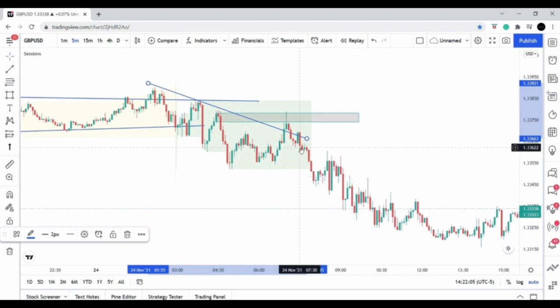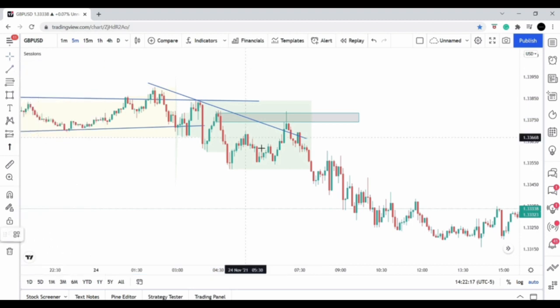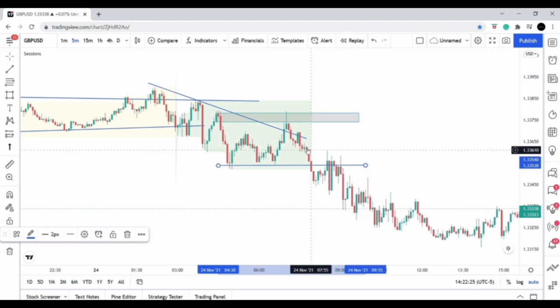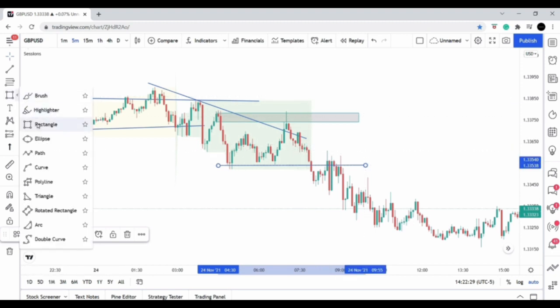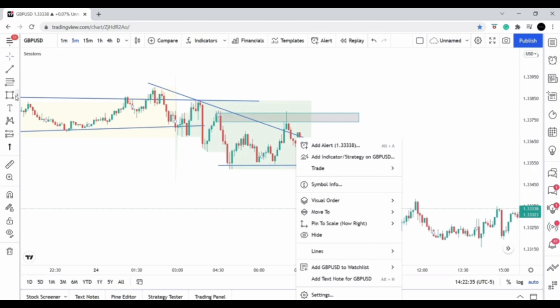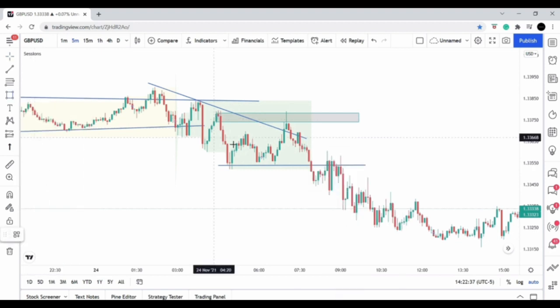Right now, here's the open right here. What do we see, guys? We see this swing low right here. Depending on your experience, you may or may not see this, but we have this nice little small supply right here.